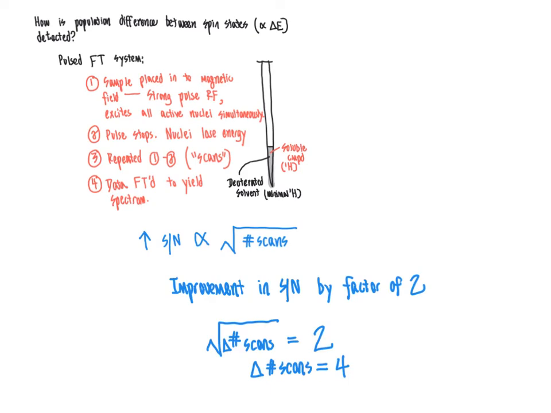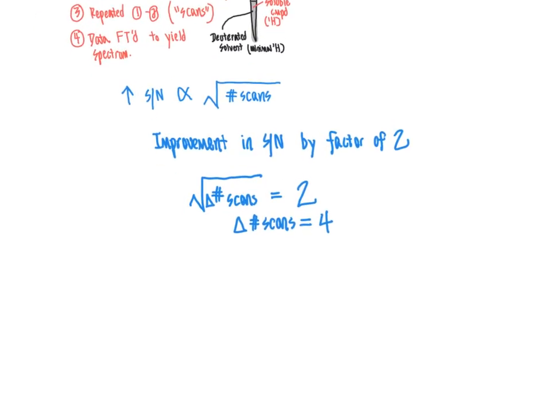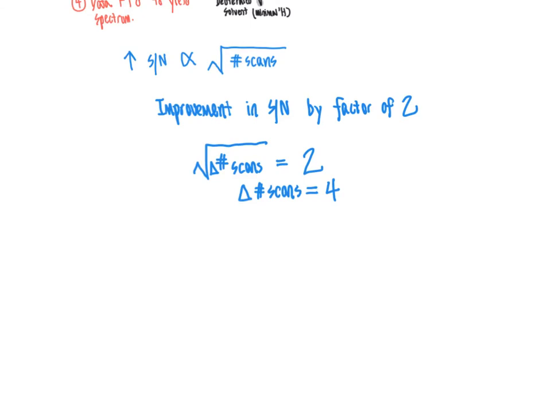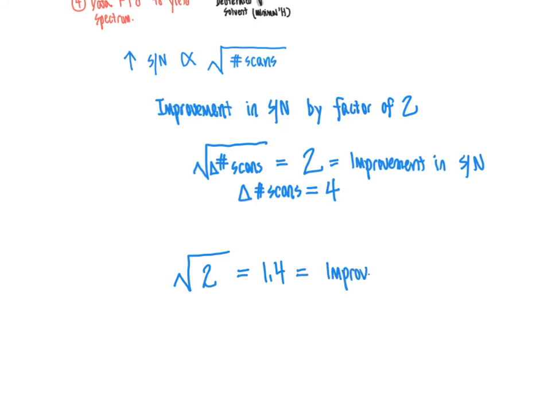And so if instead you just increased the number of scans by a factor of 2, you would take the square root of 2, because that's the change in the number of scans. You take the square root of 2, you get 1.4, and that would be your improvement in signal-to-noise ratio.